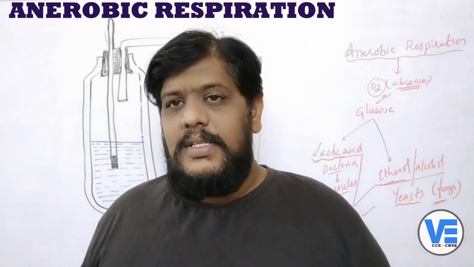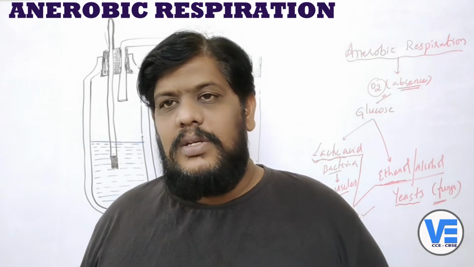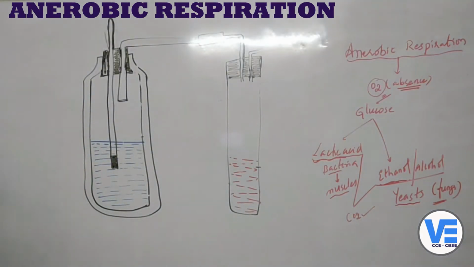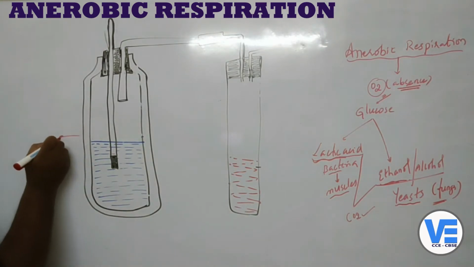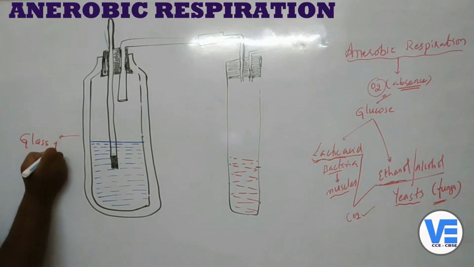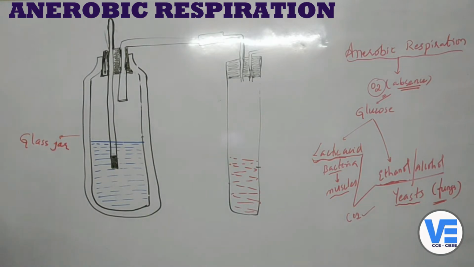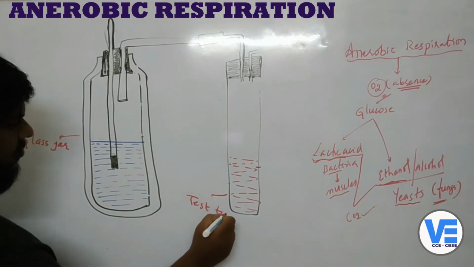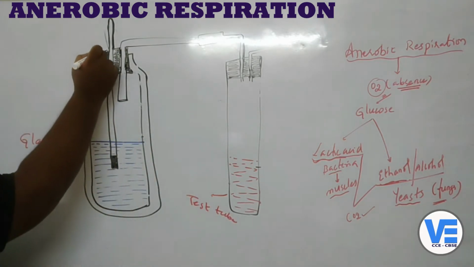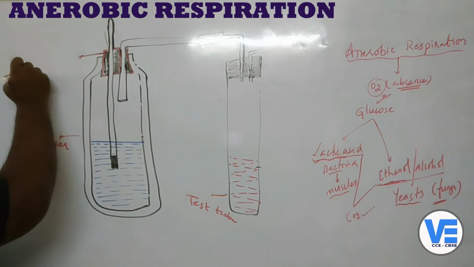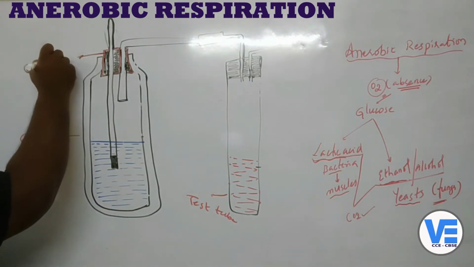Okay, for this I have taken some apparatus here, so you can see on the board the apparatus which I have taken. The first one is the thermos flask. For this experiment I am taking the glass jar, and also a test tube, and the black colored ones are the rubber cork.